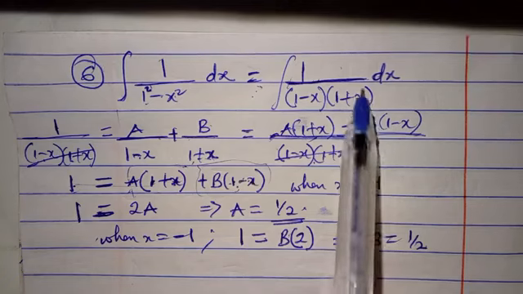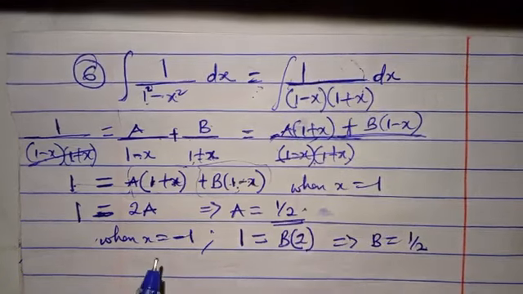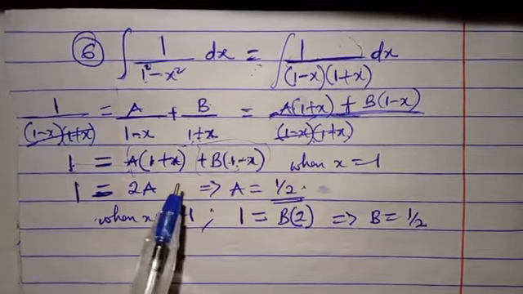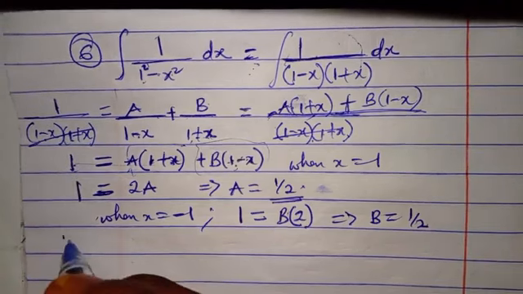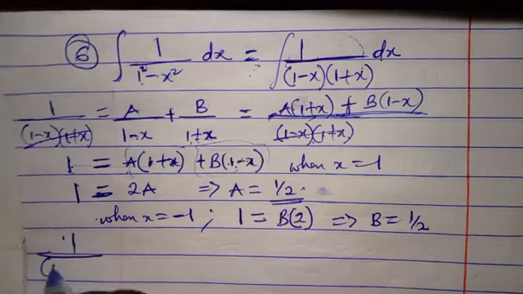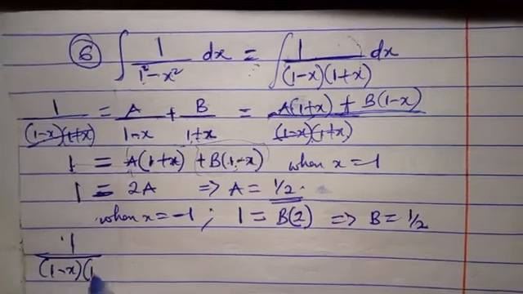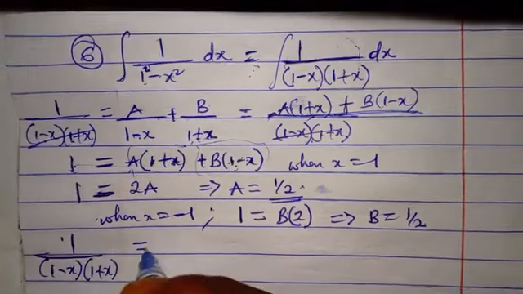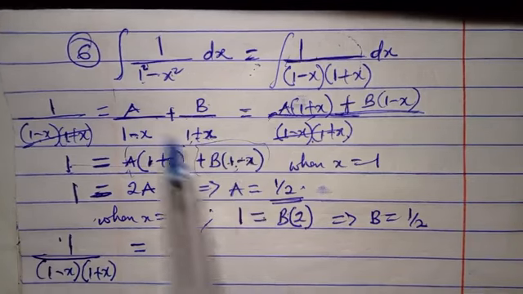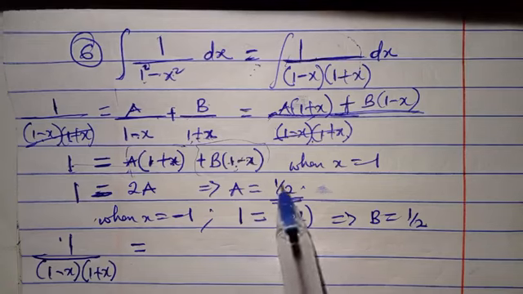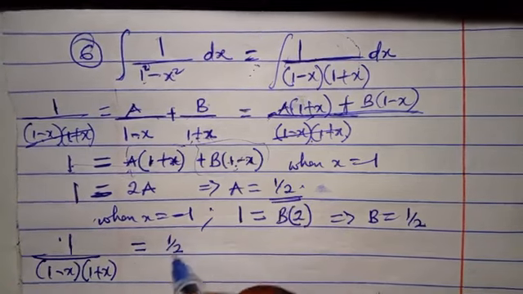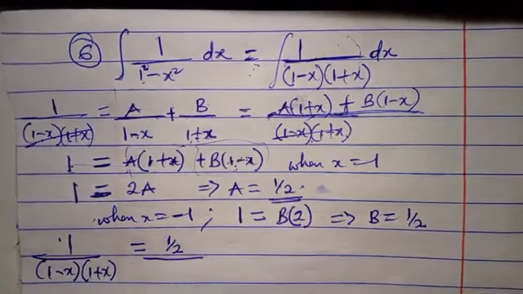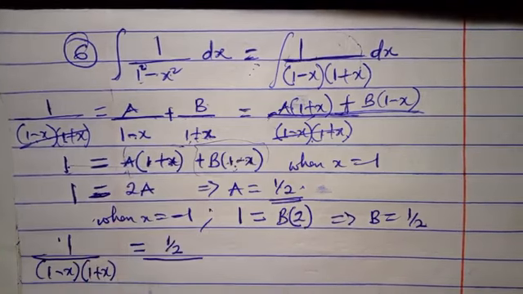Therefore, this expression, this integrand, which is the compound fraction, will now be 1 all over 1 minus x, 1 plus x. Now A is what? A is 1 half. So we have 1 all over 2 all over 1 minus x.